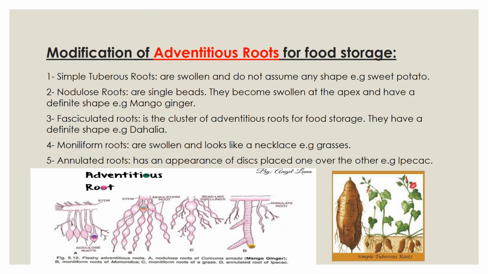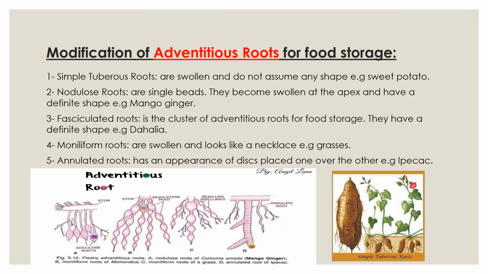For example, we can find it in the grasses, and some plants called Momordica. You can see the shape marked with the letter B. It's moniliform roots of the Momordica plant.